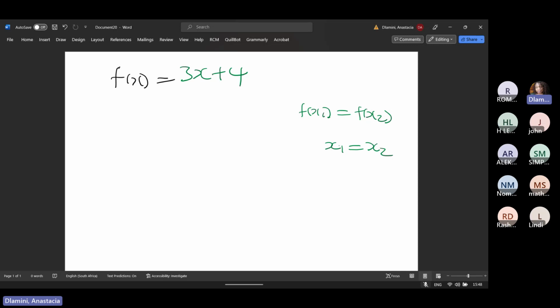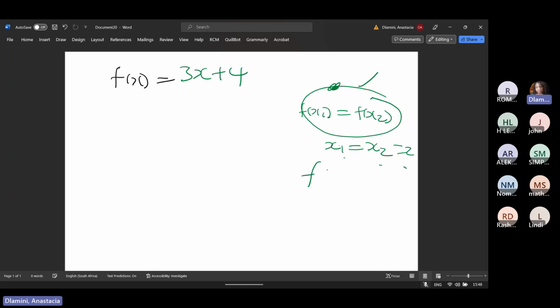If this is true for the case where x1 and x2 are the same, then this is a one-to-one function.